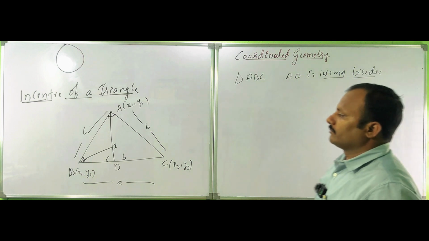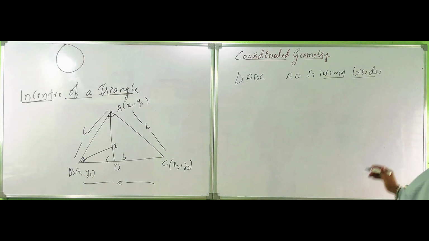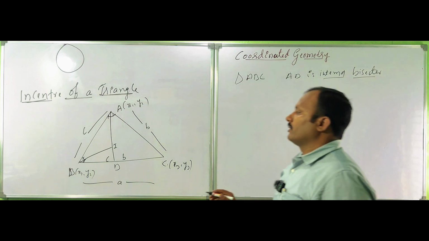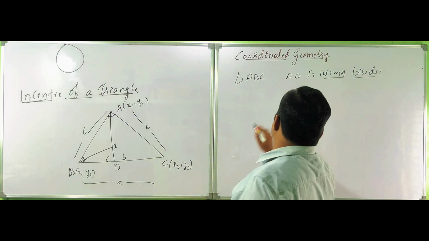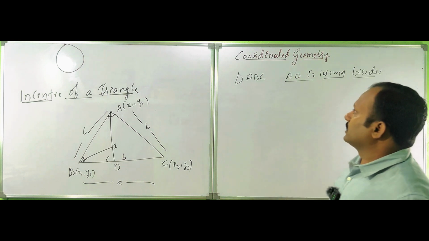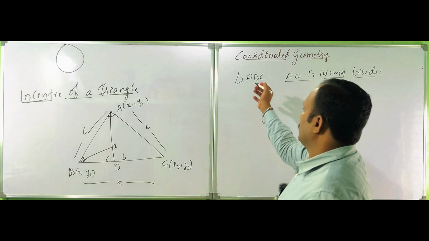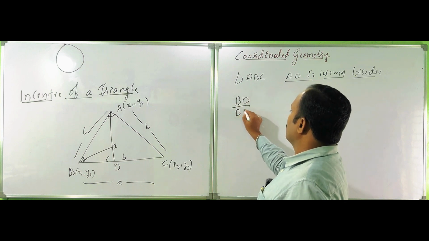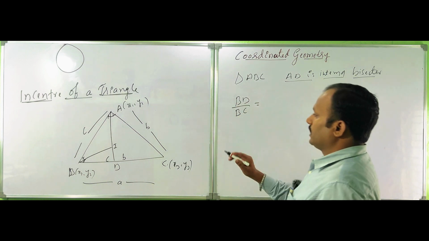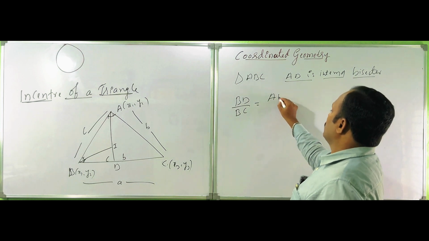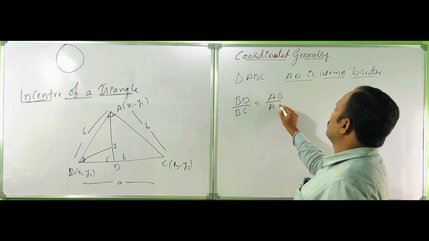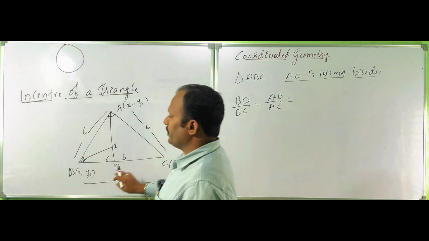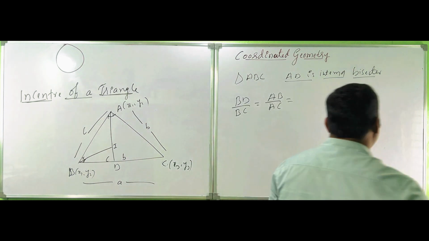By the previous formula, the geometry formula, what will you get? AD is the internal bisector in triangle ABC, so BD by BC is equal to AB by AC. Here I wrote C and B, so how does it become that? Just I am writing.